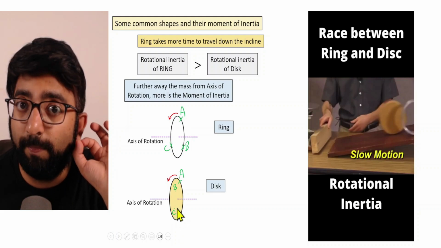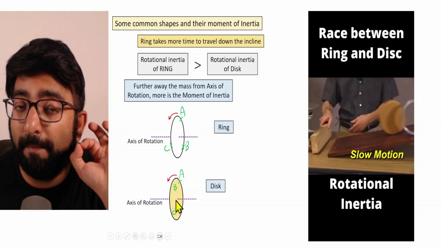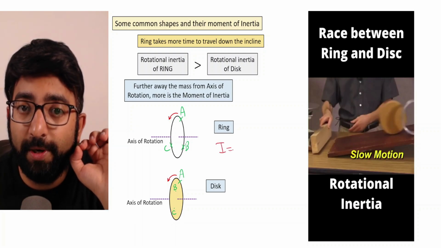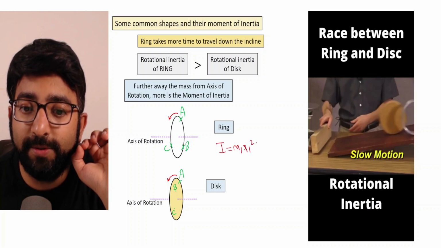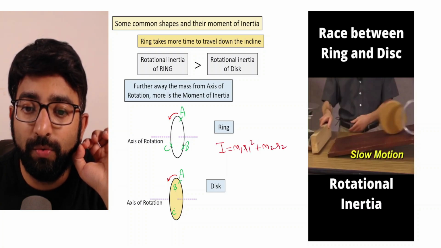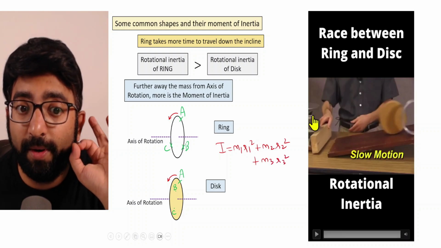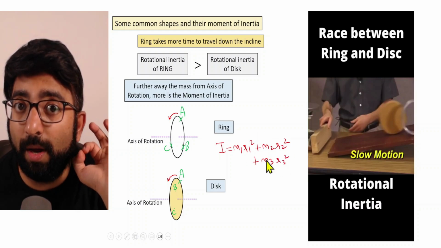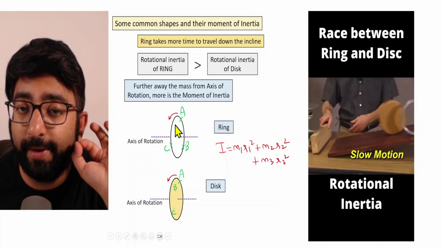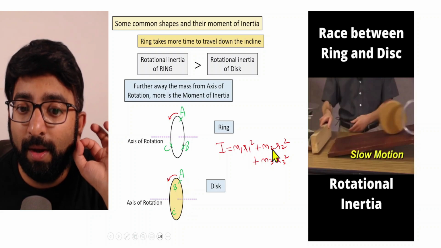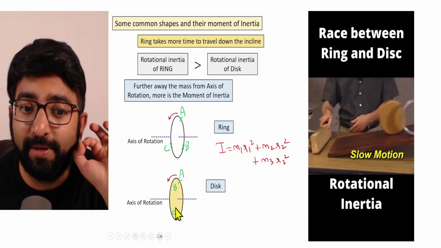Similarly, the distance of point C from the center is much lesser than the radius. And if you recall the basic formula, moment of inertia is m1 r1 square plus m2 r2 square plus m3 r3 squared. For a ring, r1, r2, r3 are all equal, and they are equal to the radius of the ring. But for the disk, only r1 is capital R, r2 and r3 will be much lesser than the radius.